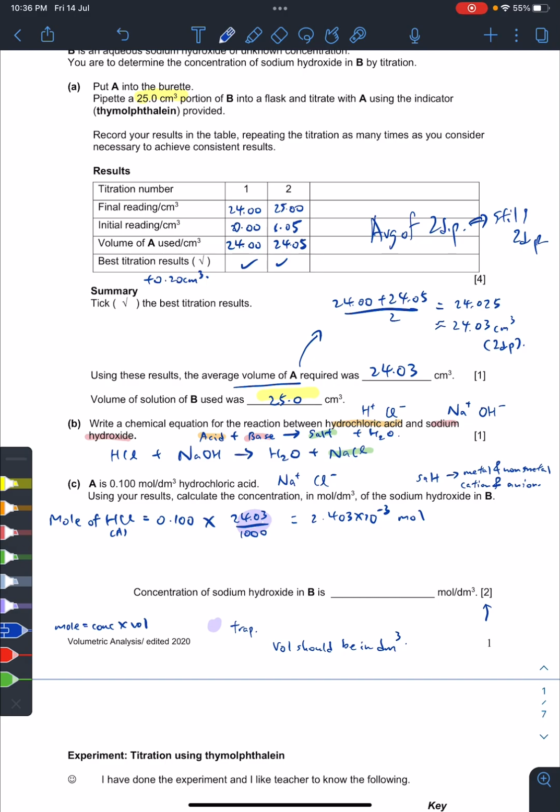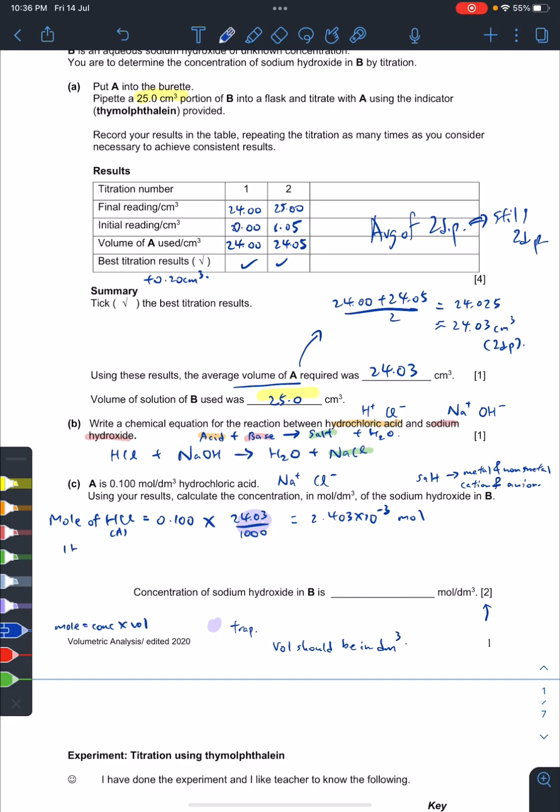Then remember, third step is your mole ratio. So what we have now is HCl. They want me to find NaOH. So look at the ratio. 1 HCl is to 1 NaOH. Doesn't that just mean that it is the same? 1 is to 1. Exactly.